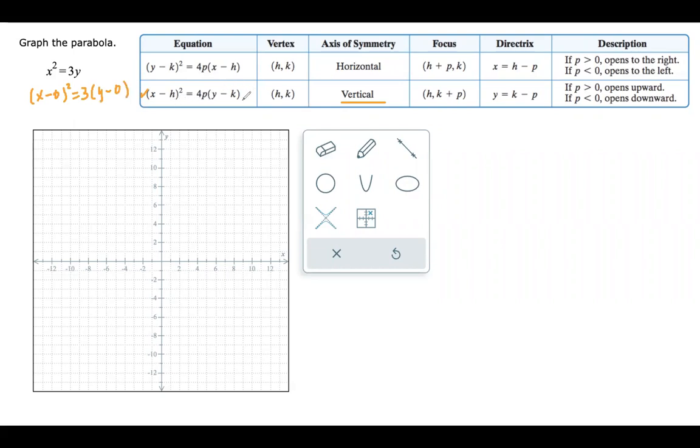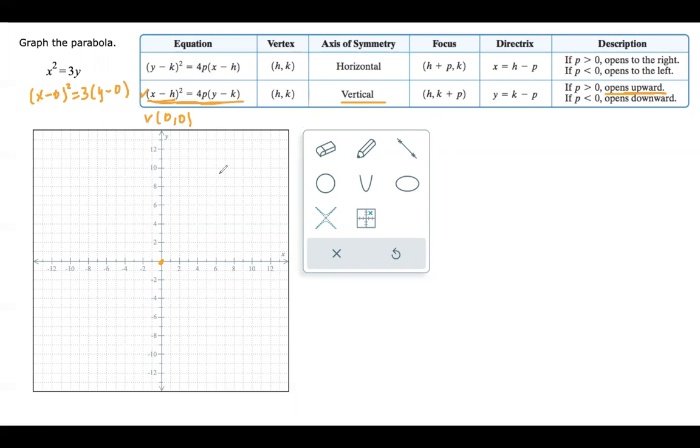It's just a way of dealing with the standard form of the equation of the parabola. That way we can identify that the vertex is at (0, 0), right here. And because the 3 is positive, it means that it'll open upward in the positive direction.